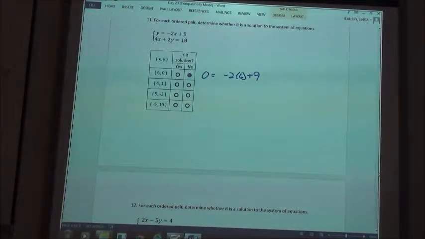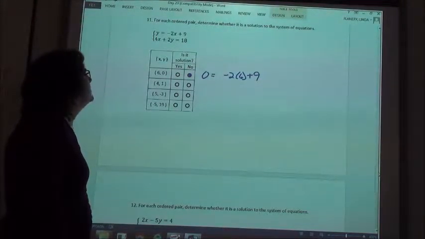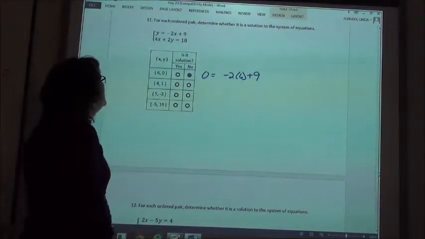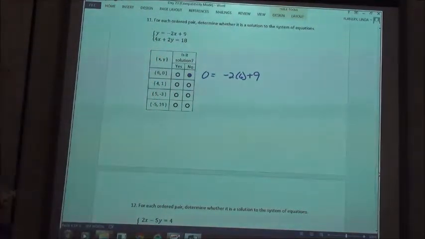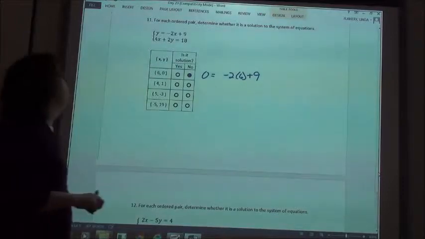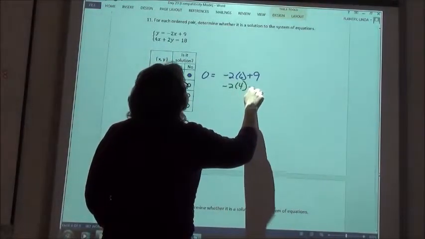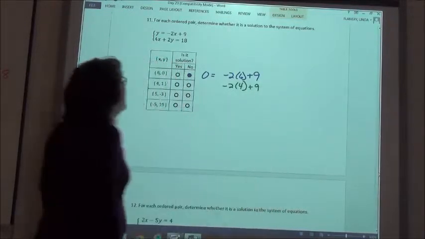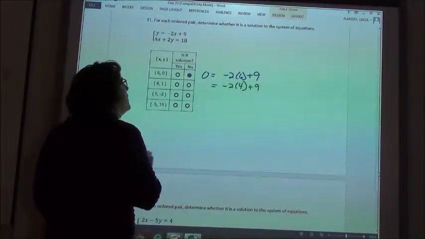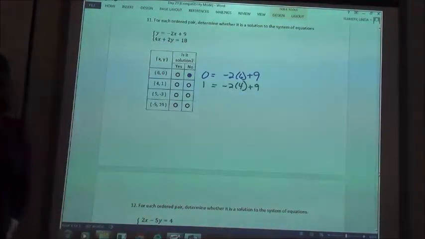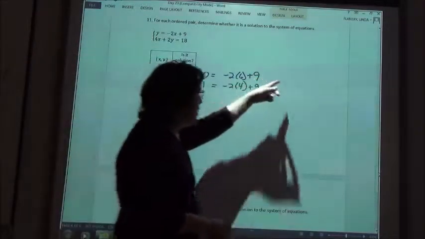If we check the second point in our first line, we would have what? The second point in the first line, yeah? Negative 2 times 4 plus 9, does that equal 1? 1. So that works in that one. So since it worked in that one, now we got to check the second line.